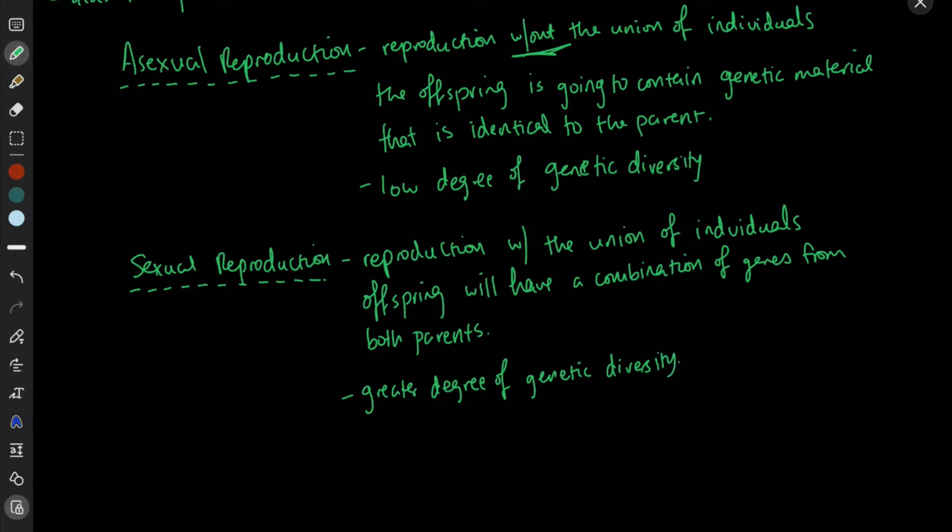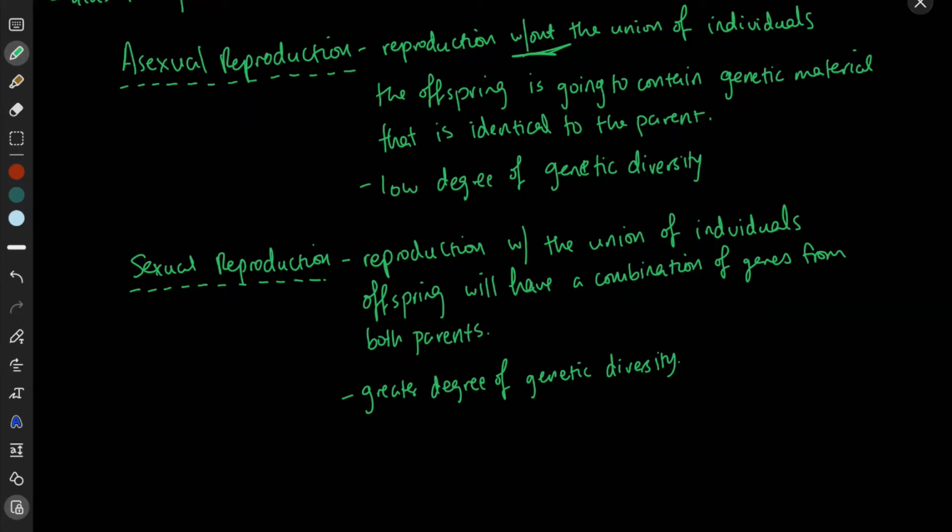For example, if you have any siblings, even though you both have the same parents, the genes that make up your genetic makeup and your siblings' genes come from the same pool, right? The pool being the genes of both your mom and your dad.